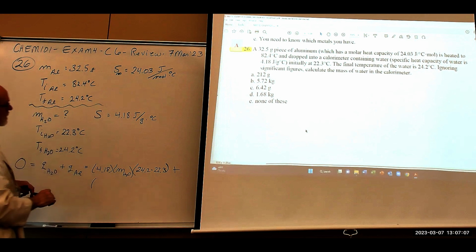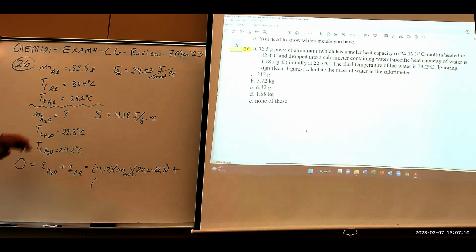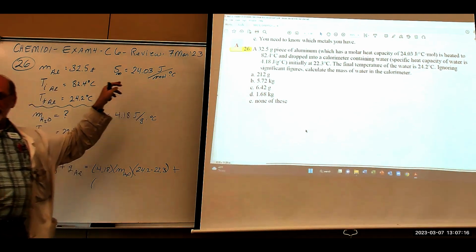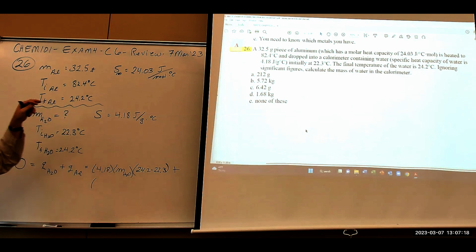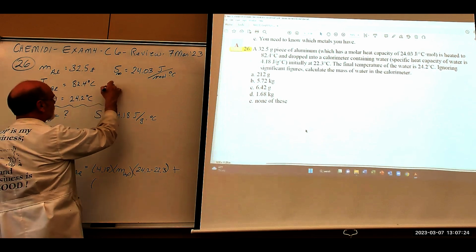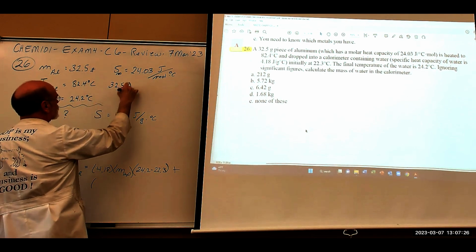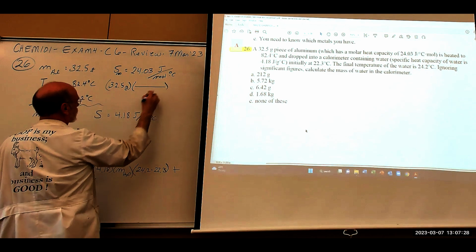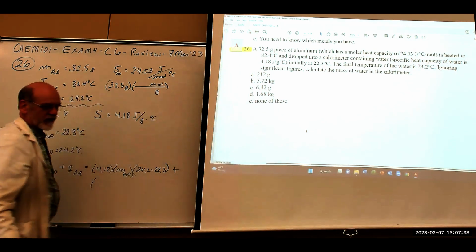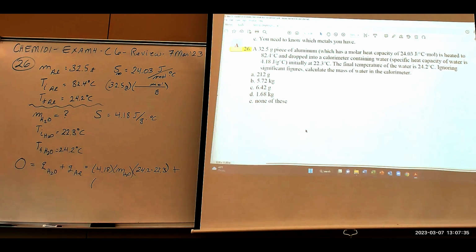So the aluminum, okay, we've got a problem. We're given 32.5 grams of aluminum, but the specific heat is in terms of moles. So how do you deal with that? Convert this to moles. 32.5 grams of aluminum, so we need what? Molar mass. And this room doesn't have a periodic table in it. Of course not. So I've got to look at it.